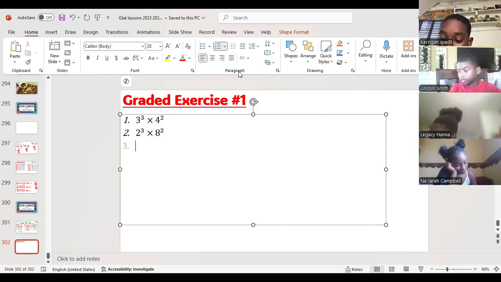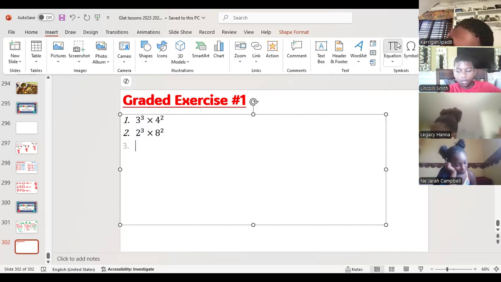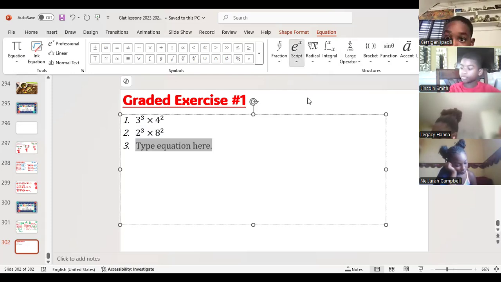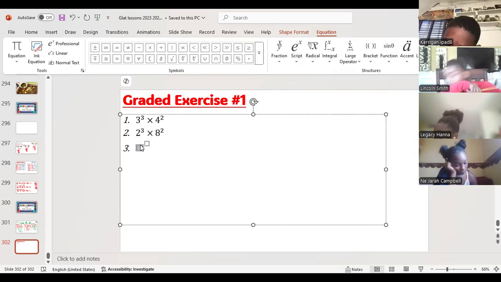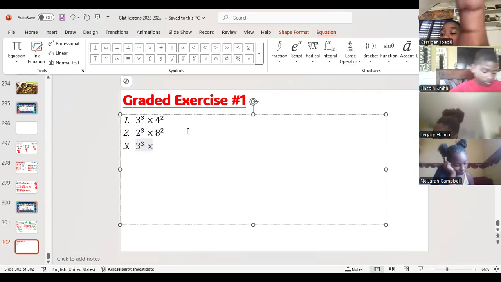Then we have 3 to the third power multiplied by 7 squared.